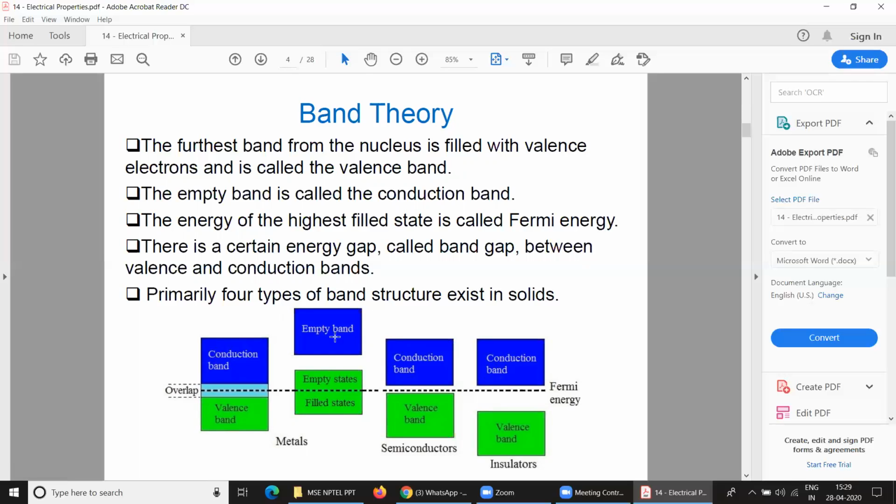And this is the metallic portion, and this is the semiconductor where there is a clear gap between the valence band and conduction band, and to overcome this an energy is provided. And these are the insulators where the valence band and conduction band are far away, so the electrons don't jump, and that is why the insulation comes from here.